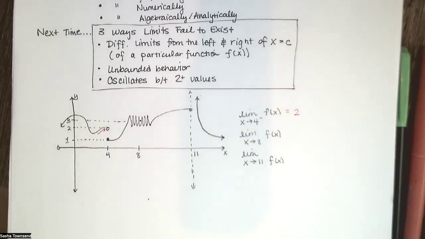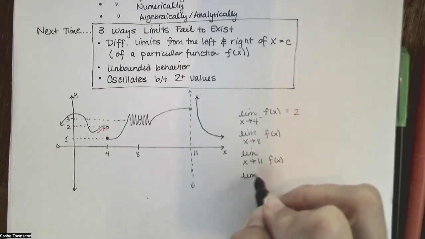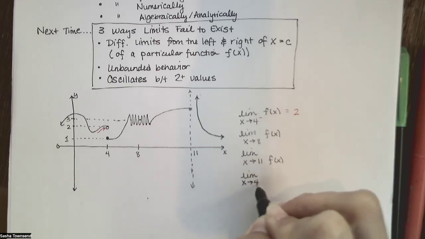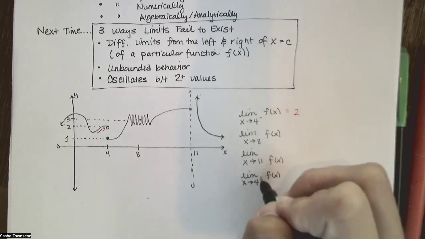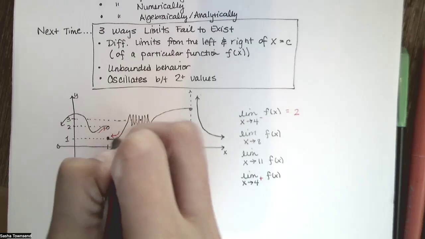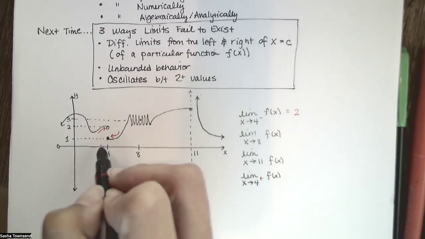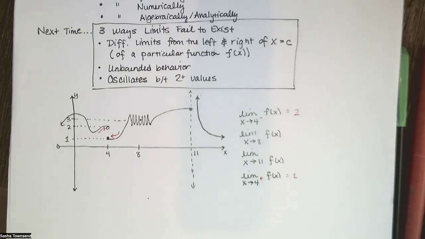And then similarly, we could let x approach 4 from the right. And we'd use this notation for that. Take the limit as x approaches 4, and we're doing that from the right, so we're going to use a little plus sign there. We say as x approaches 4 from the right, what do the y values approach? The y values approach 1. And those two limits are different from each other.